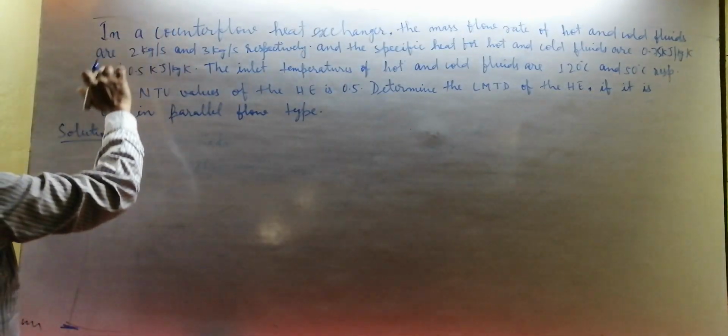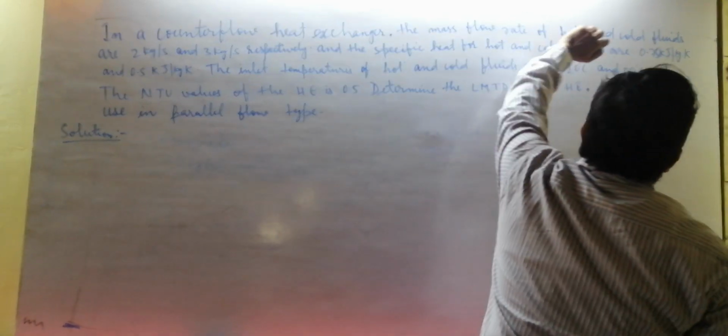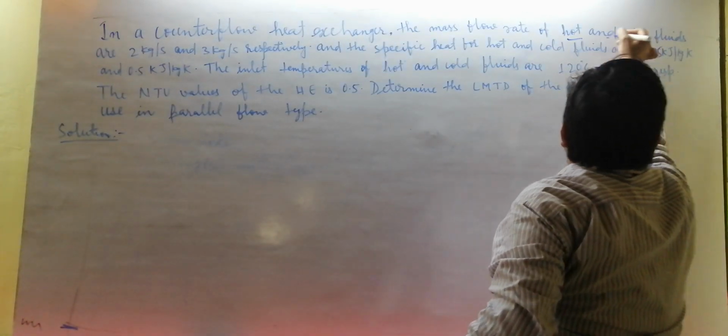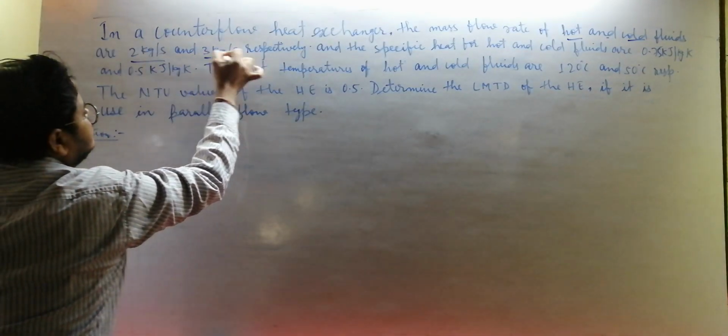First of all, the question is this: in a counterflow heat exchanger, the mass flow rates of hot and cold fluid are 2 kg per second and 3 kg per second.